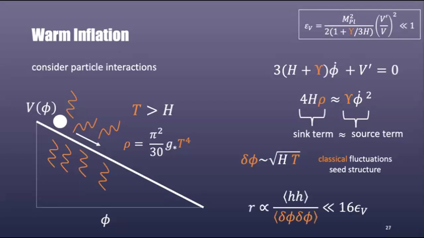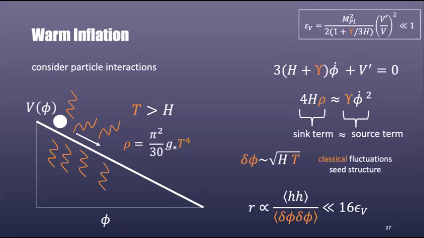And what follows is that, because we have in a sense decoupled what gives rise to the gravitational waves and what gives rise to the scalar power spectrum, we're able to drastically suppress the tensor to scalar ratio. The scalar spectrum gets an enhancement from that temperature being larger than Hubble, but the gravitational waves, unless we approach temperatures of the order of M Planck, are not thermally produced, so they're still dominantly produced by Hubble.